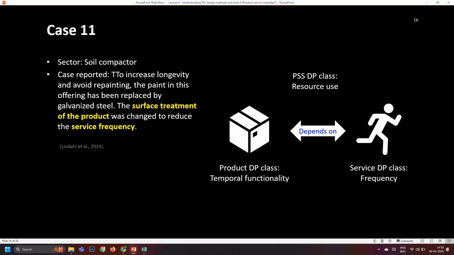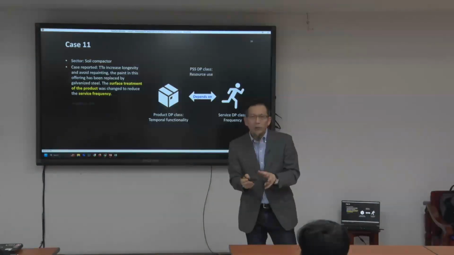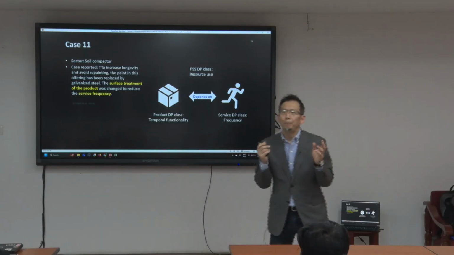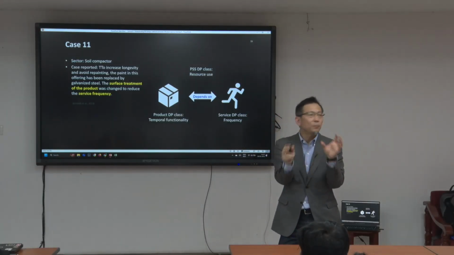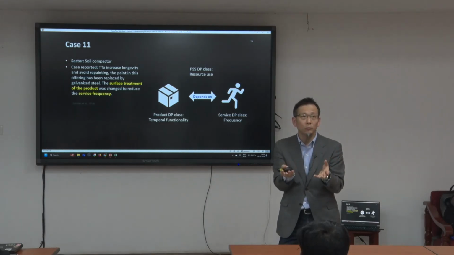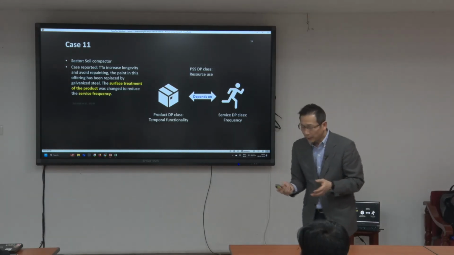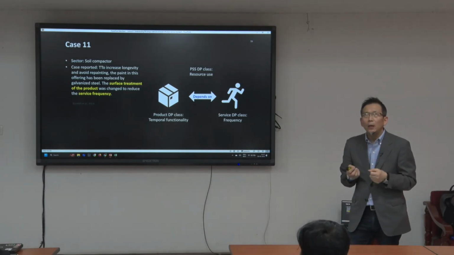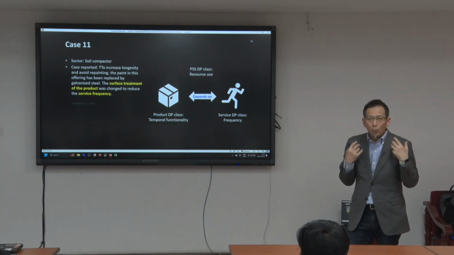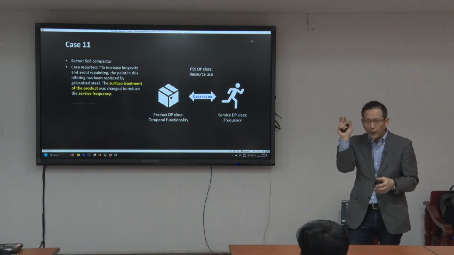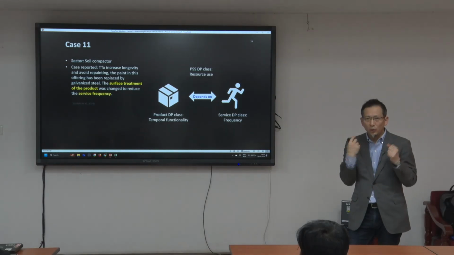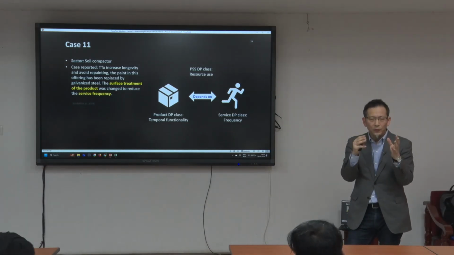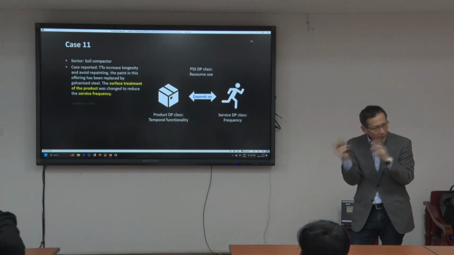Okay, so I'm quite sure that you see this kind of interdependency between products and services in your own PSS case. And so here, what you should do is to find such interdependence and consider the possibility of exchangeability.